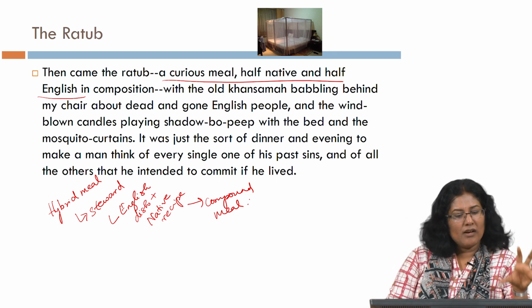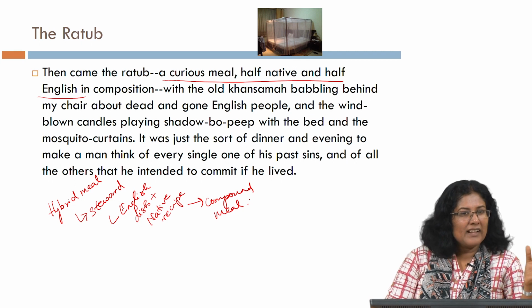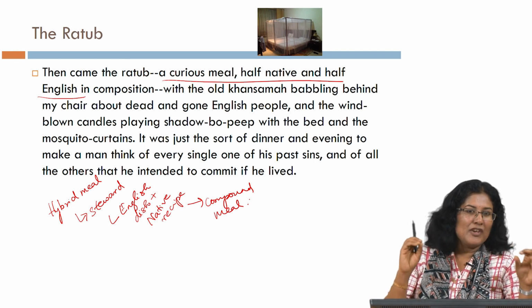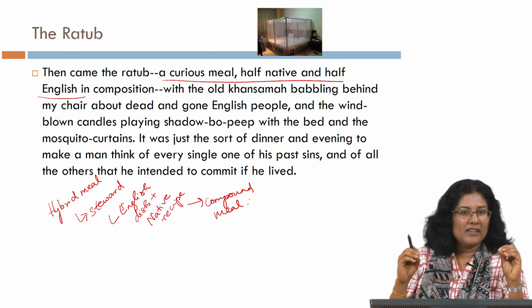And the Khansamah talks about dead and gone English people, and while he's doing that, the candles are playing shadow bo-peep. It's as if it's playing a game with the shadows and the mosquito curtains.